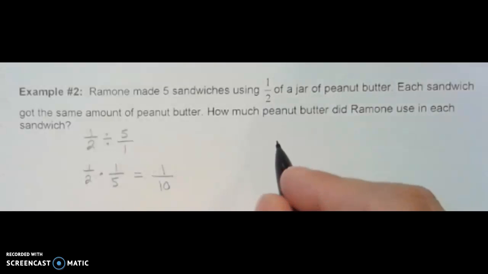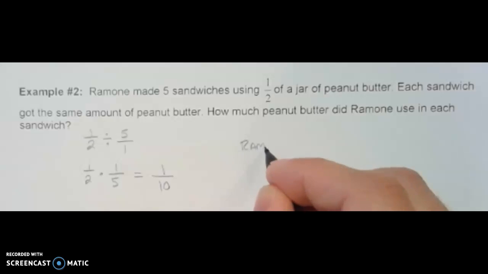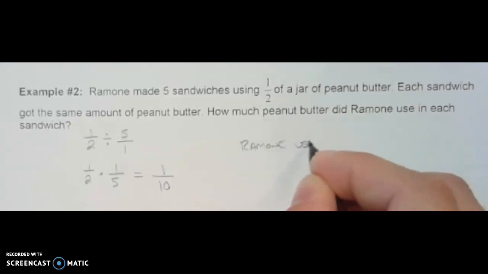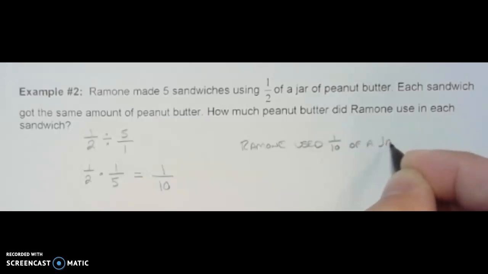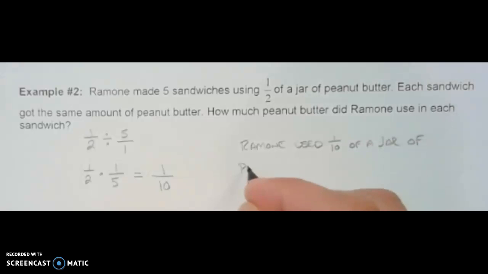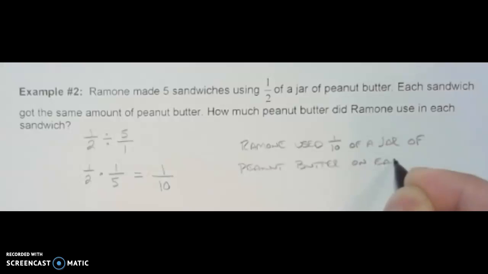So this means that Ramon used 1/10 of a jar of peanut butter on each sandwich.